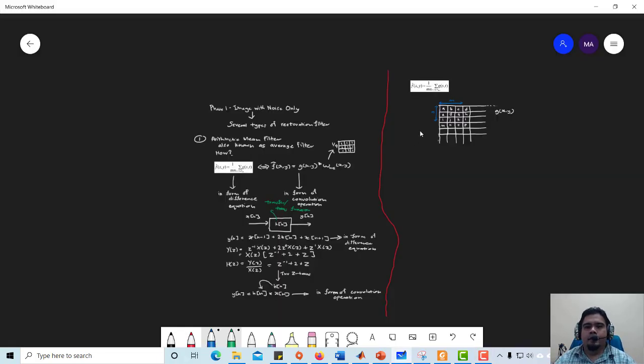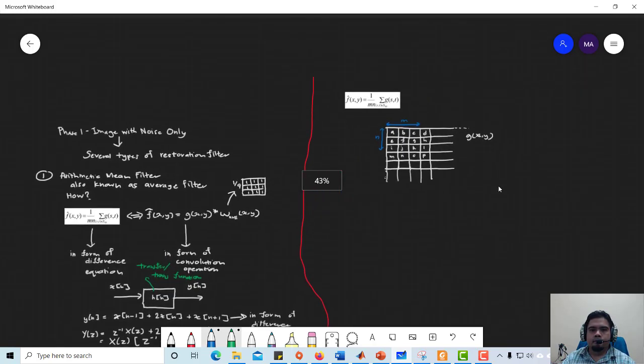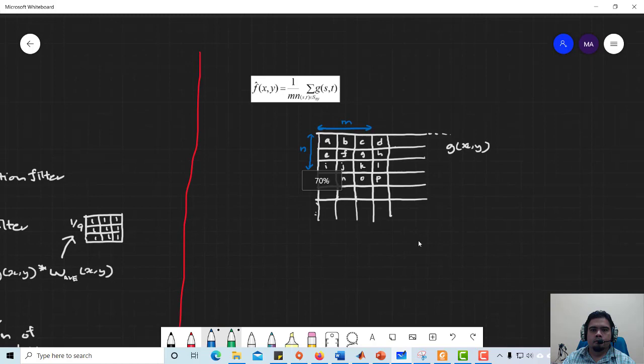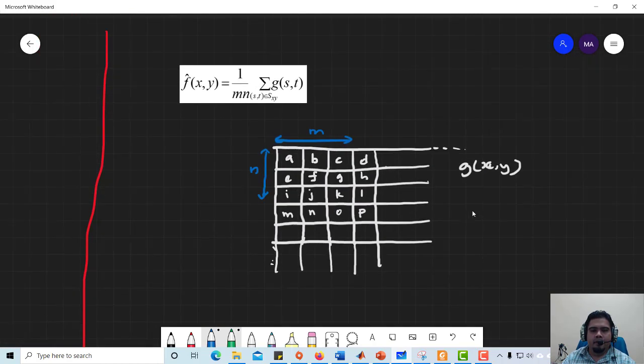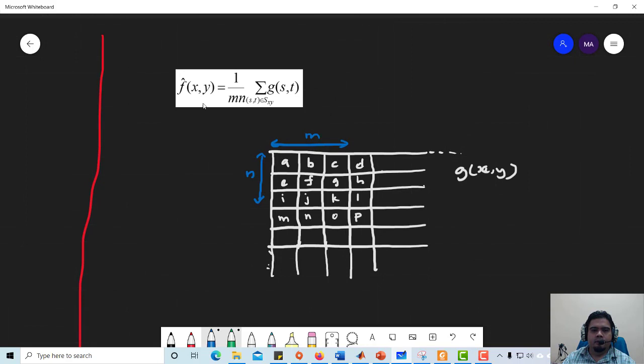Okay, now let's take a look at this. I already drew it here. It's the same equation that represents your arithmetic mean filter. Assume this is your input image, which is your g. Then you realize that in this equation they are not using the index x y, they are using s and t, so there's a meaning behind that.